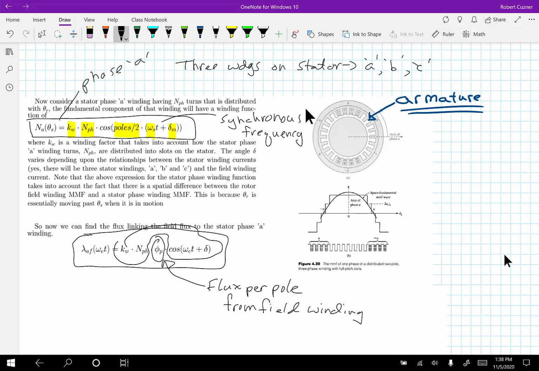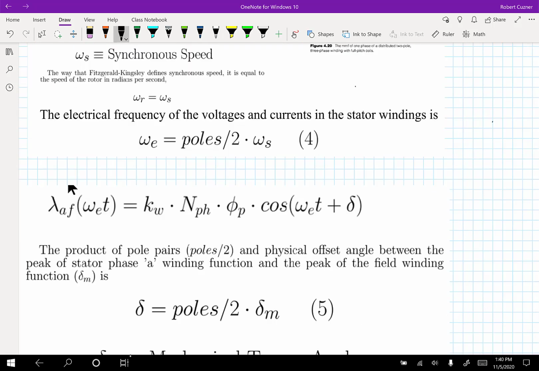And now I have a flux linking the field winding to phase A. So I'm showing down here a final flux linkage that I derived.